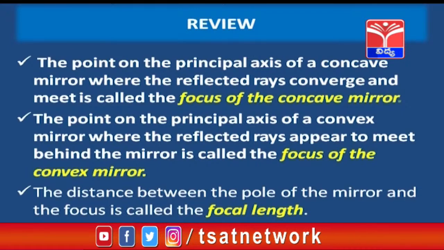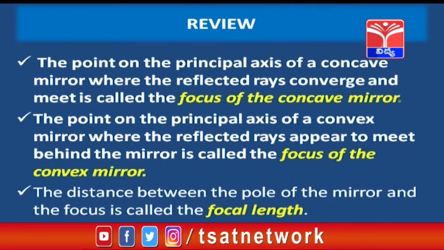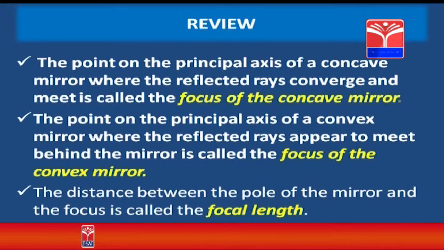The point on the principal axis of a convex mirror where the reflected rays appear to meet behind the mirror is called the focus of the convex mirror. Then we also discussed the distance between the pole of the mirror and the focus is called the focal length. Children, all these definitions, all these terms are very important in understanding this chapter.